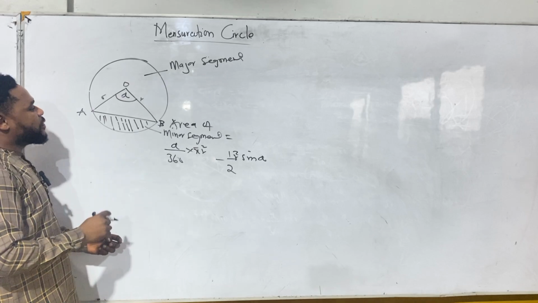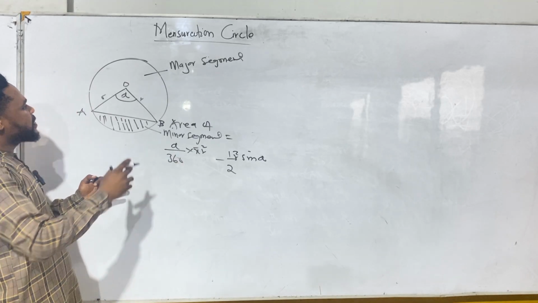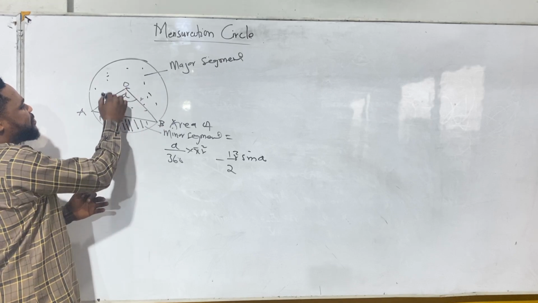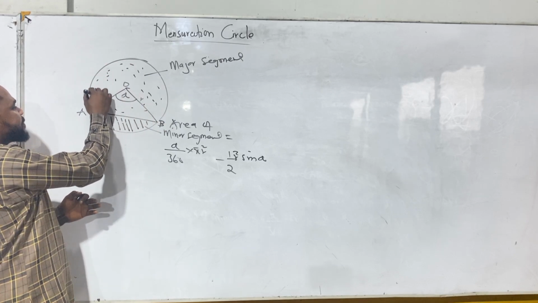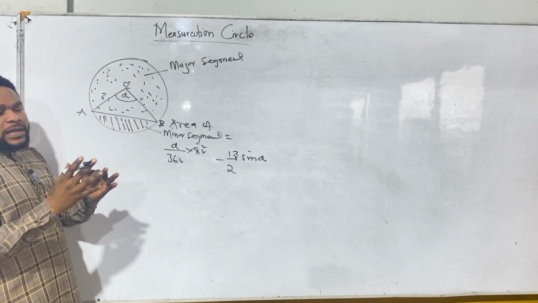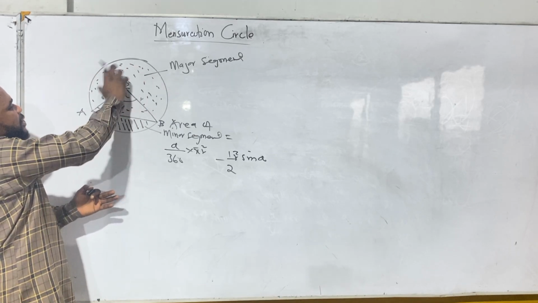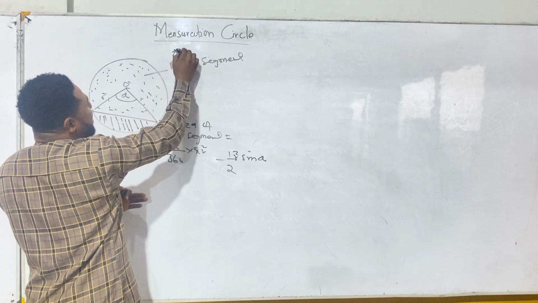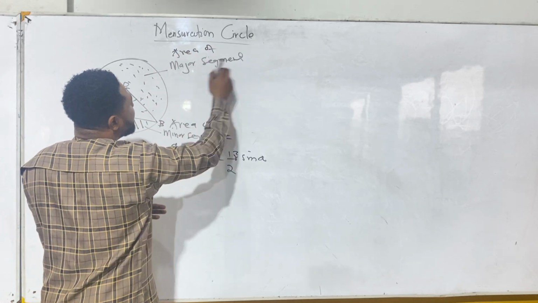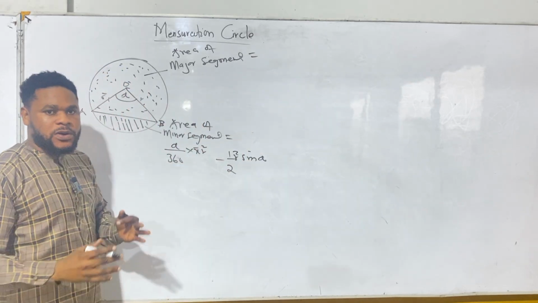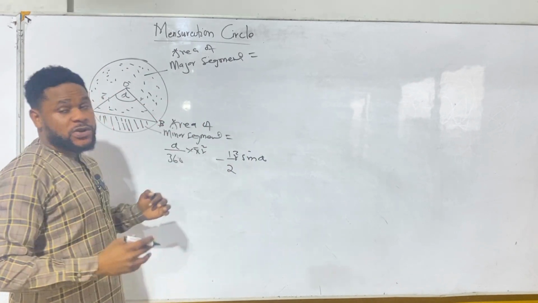All right. Now, we can also be asked to find the area of the major segment, which means this whole portion. And if you look at this major segment, it's two things combined. We have the area of the major sector, and we have the triangle there. So we can say that area of major segment will be equal to the area of the major sector.